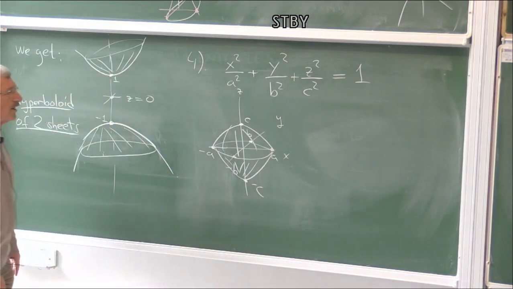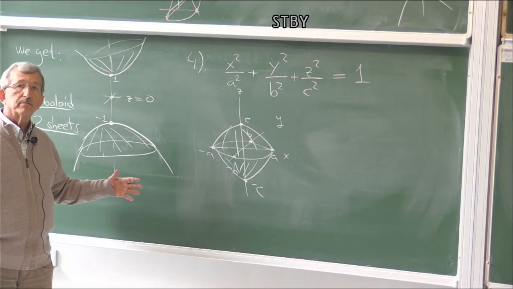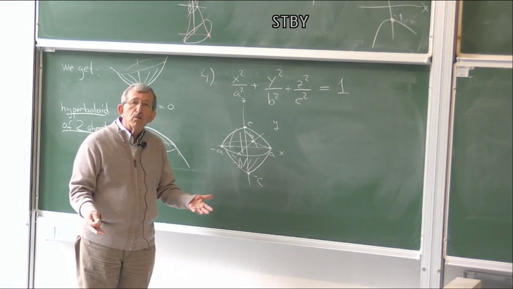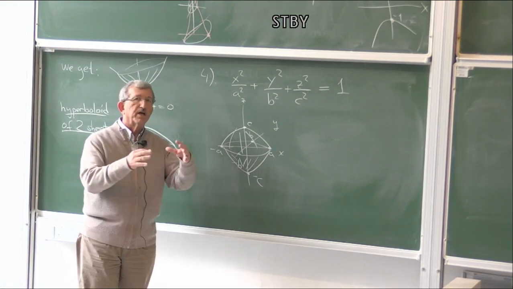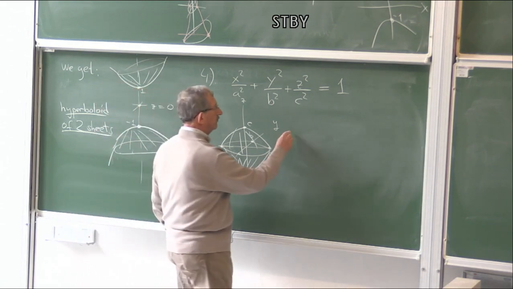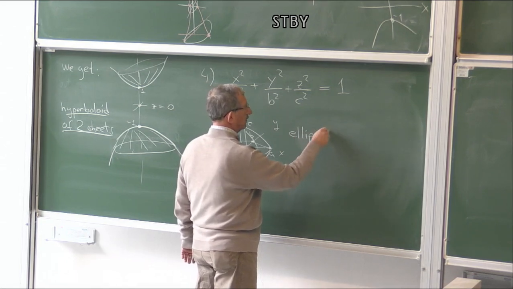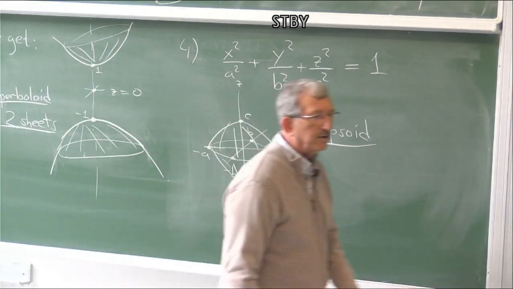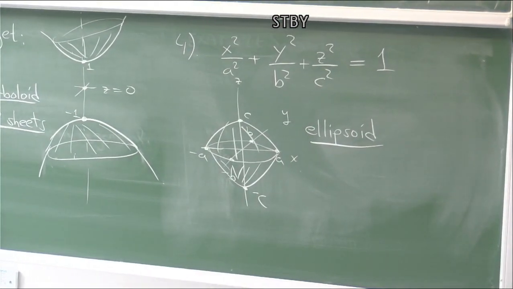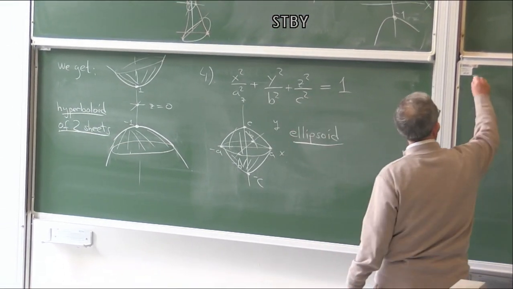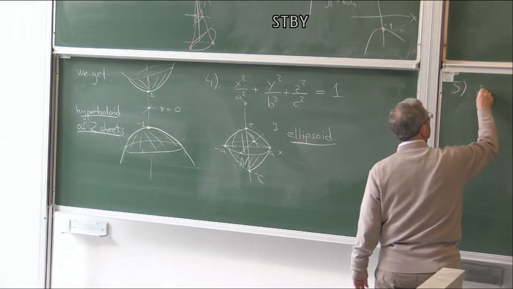Because a, b, c can be all different, maybe a ball in American football, or a very regular sized egg, could be termed an ellipsoid. It is a generalization of the ellipse directly this way. Well, a quite worthwhile example, my fifth example here, is the following.